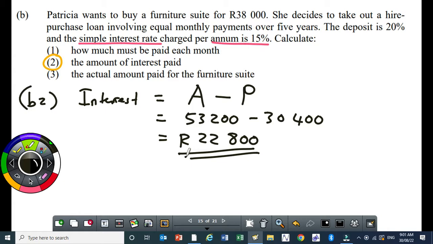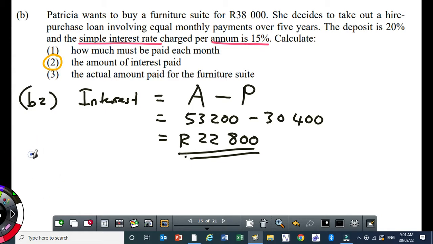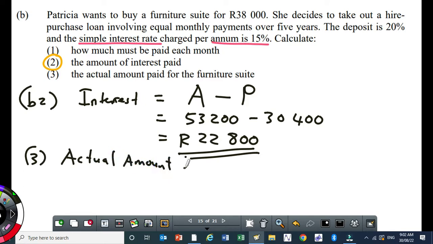Okay. Then the third one says the actual amount paid for the furniture suite. Now, the actual amount the person paid includes the deposit. So in total, the actual amount will be equal to the deposit plus the value of A, which you can call the future value, if you want.